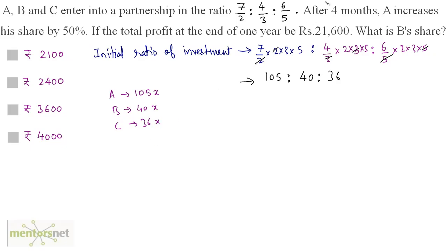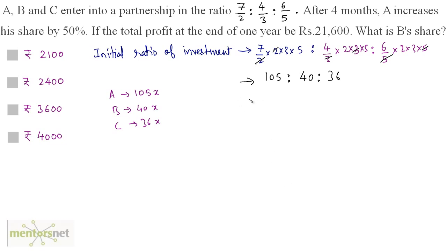Now after 4 months, A increases his share by 50%. So 105x is only for 4 months. After that, his share is increased by 50% for the next 8 months.